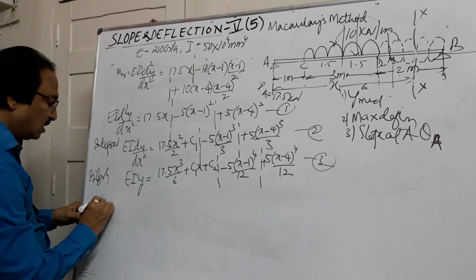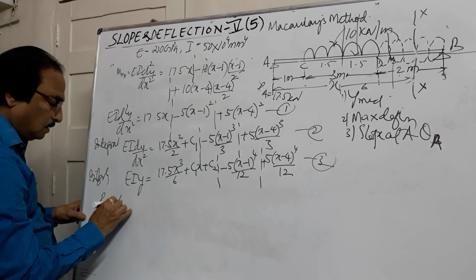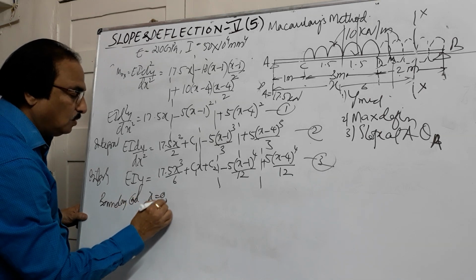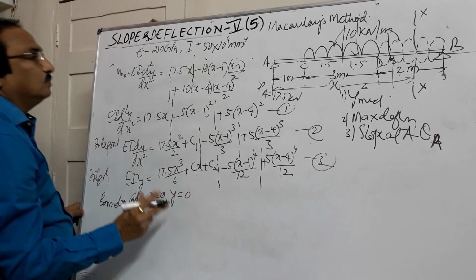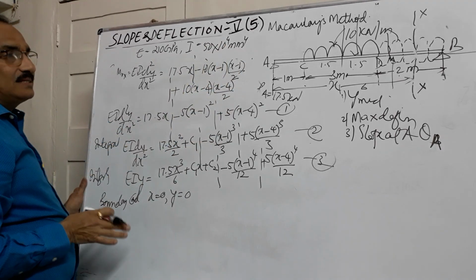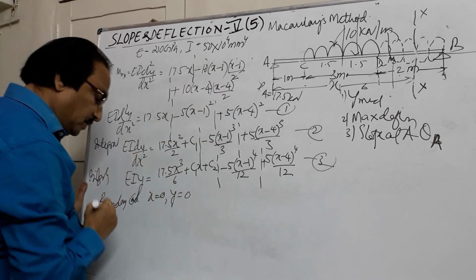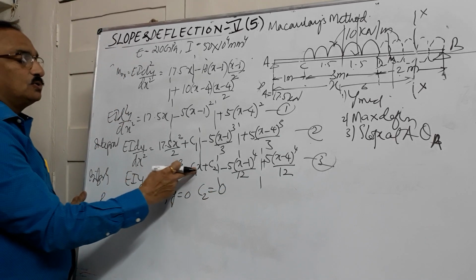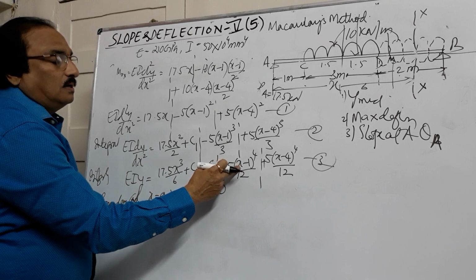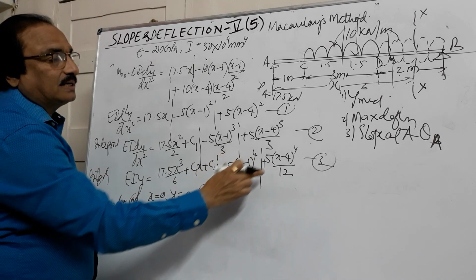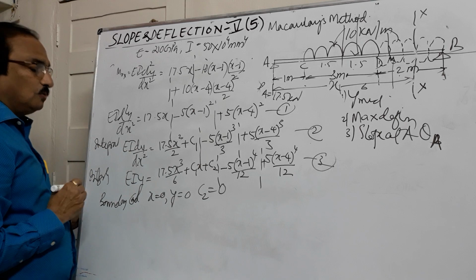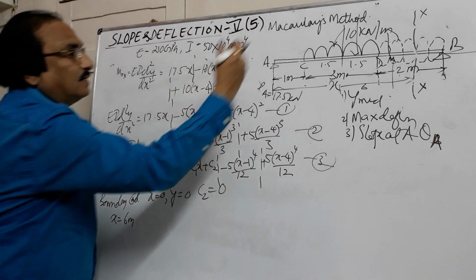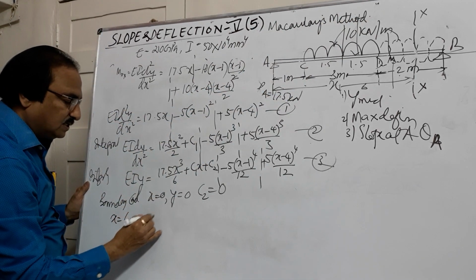So here let us use the boundary conditions. When x is 0, y is 0, simply supported. If you substitute this value, you get C2 equal to 0. The second condition is when x is equal to 6 meters, at the other end, the deflection is again 0.